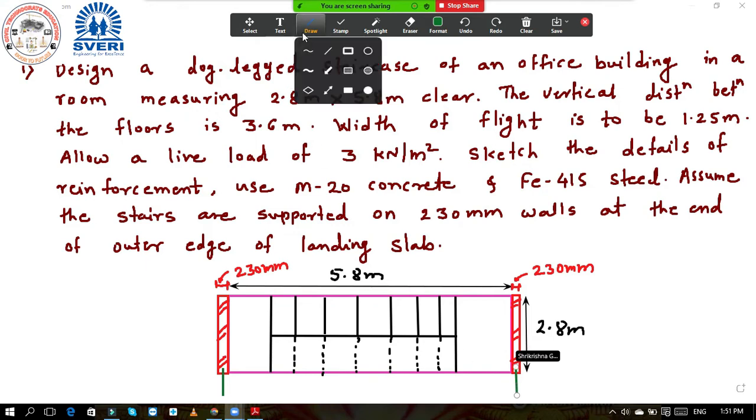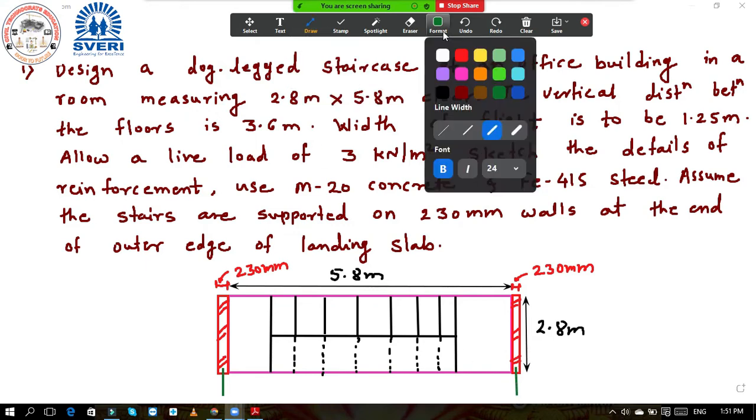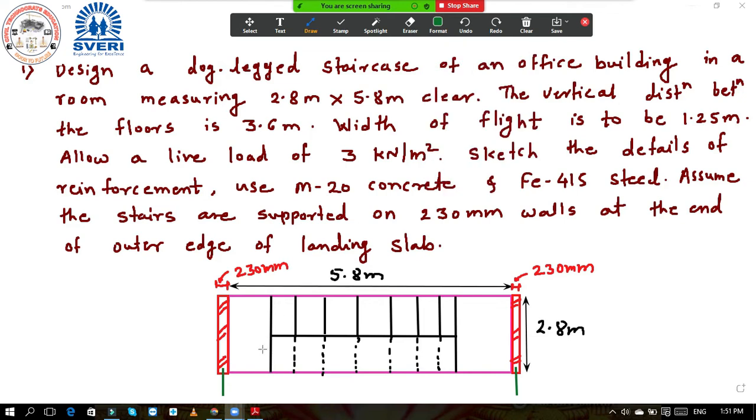Whatever may be the distance, that will be your effective span. I will write here, effective span. Roughly, this type of diagram is there in the numerical explanation.